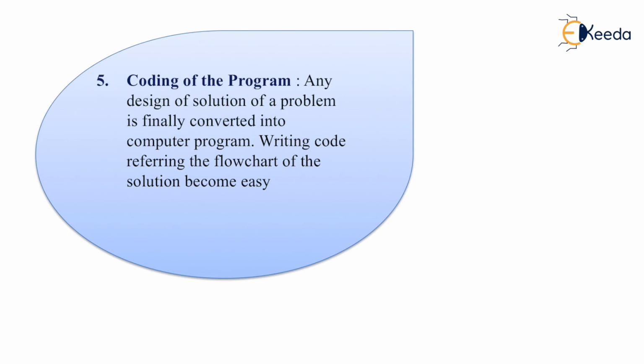Any design of a solution to a problem is finally converted into a computer program. So writing code while referring to the flowchart makes any type of coding easier. So these are some advantages of the flowchart and algorithm.